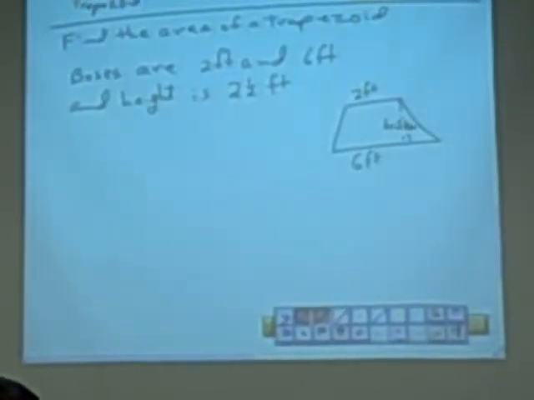Okay, so I recommend that you write the equation down for whatever object you're working with every time, because that's going to do 2 things for you. One, it's going to help you to remember that equation, and the second thing is you've got the equation right there in front of you.